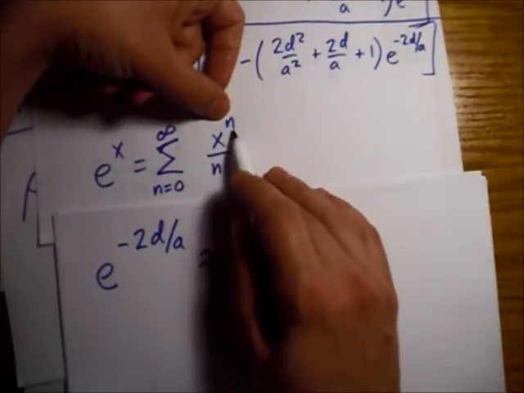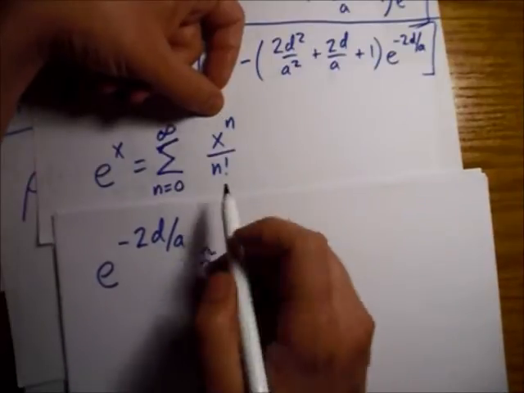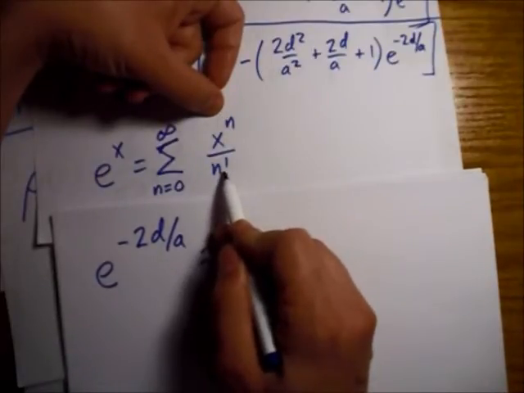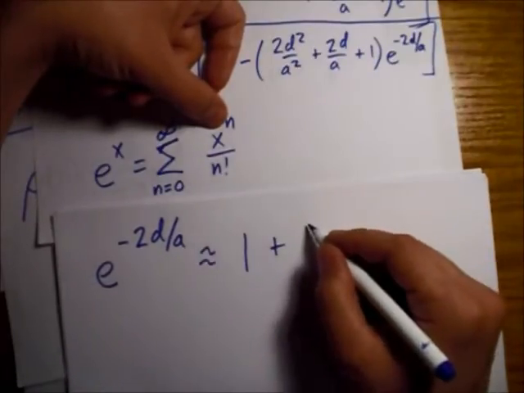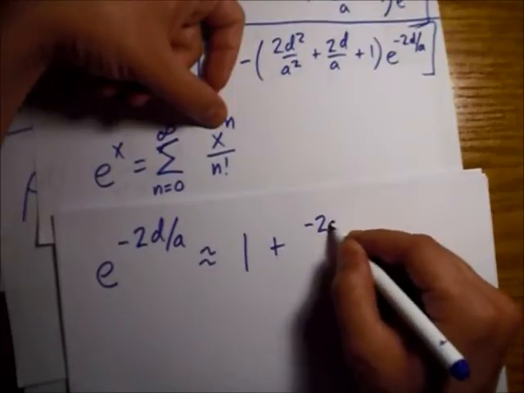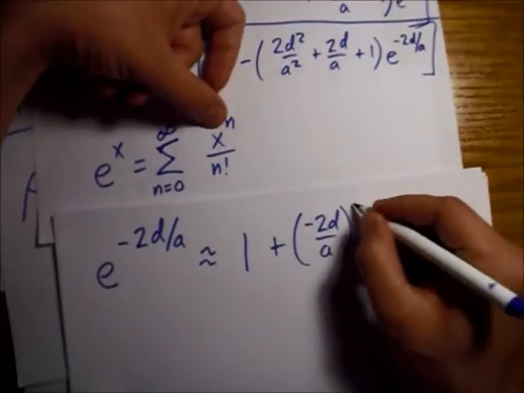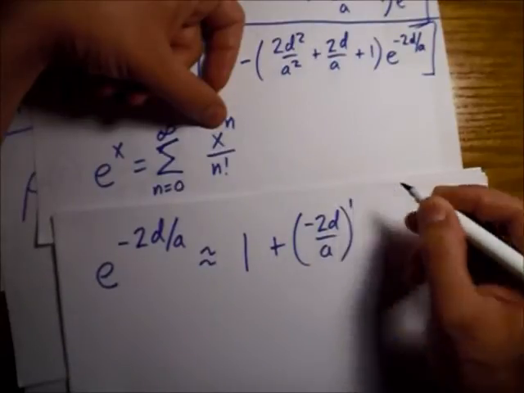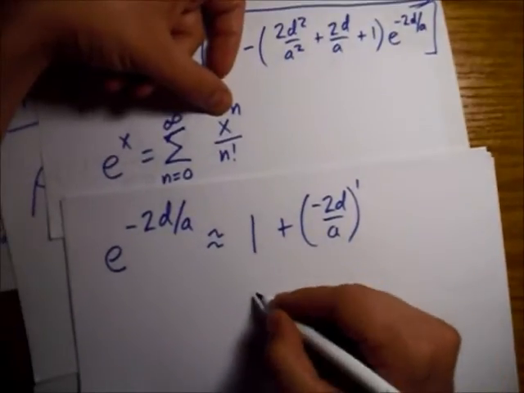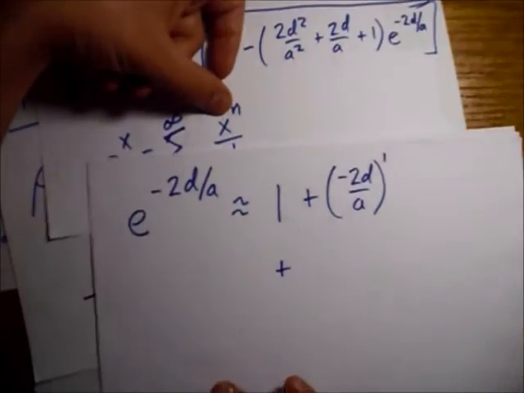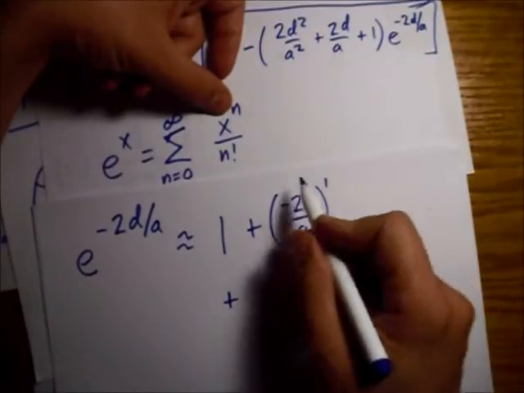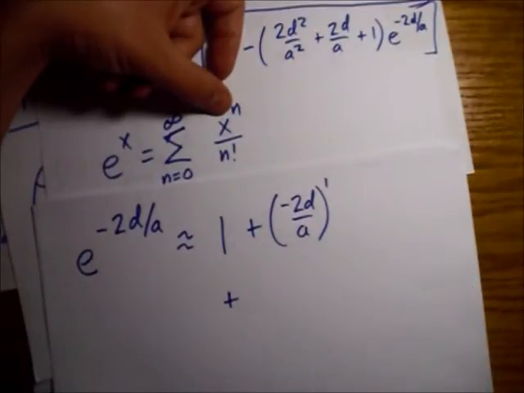Next term in the sum. The n is now equal to 1, so again, 1 factorial on the bottom is still 1, but now we have minus 2d over a. You can write a 1 here if you want. Now, okay, I lied, we're going to take 4 terms, not 3, I think.